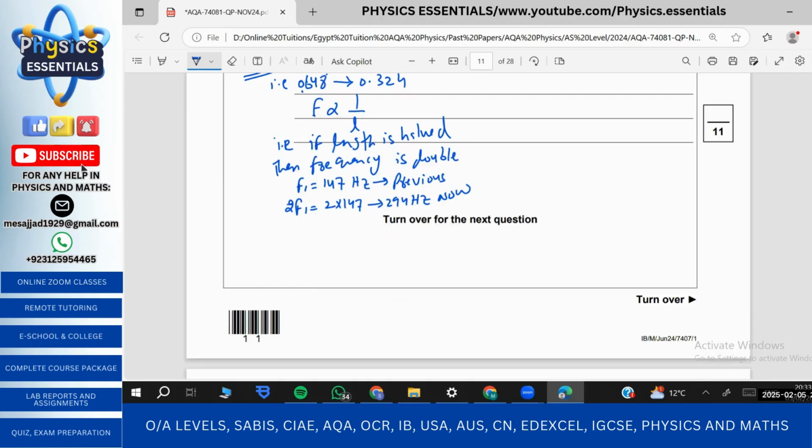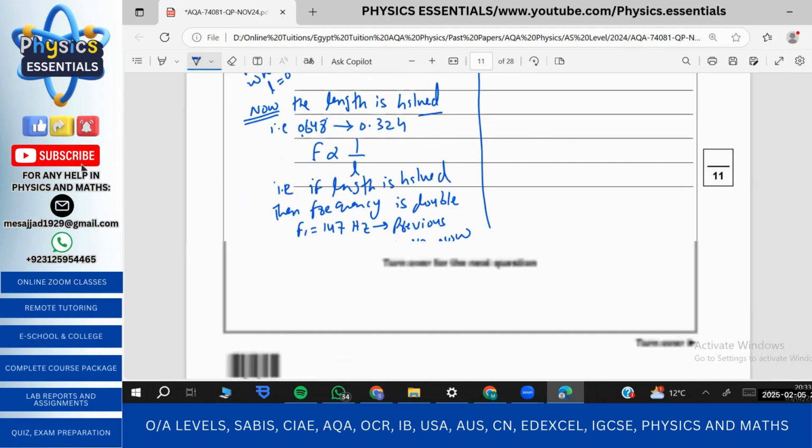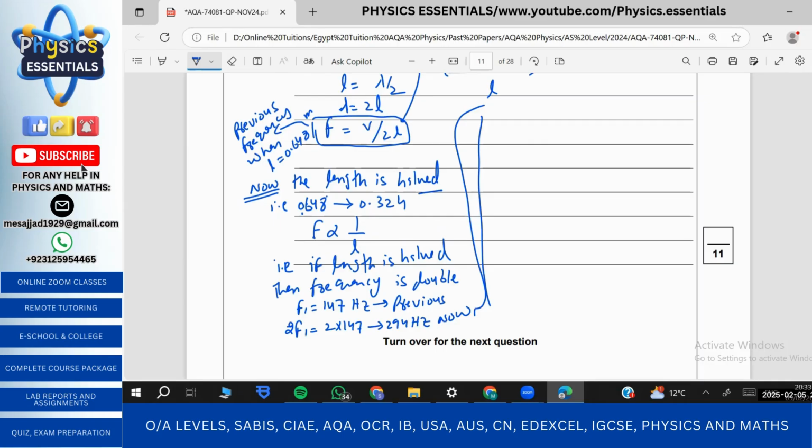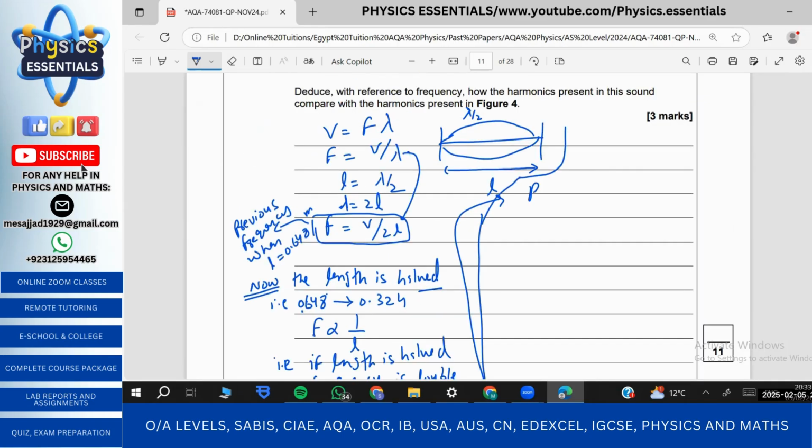So we can say the previous harmonic series was F1, F2, F3, or you can say Fn equals nF1.